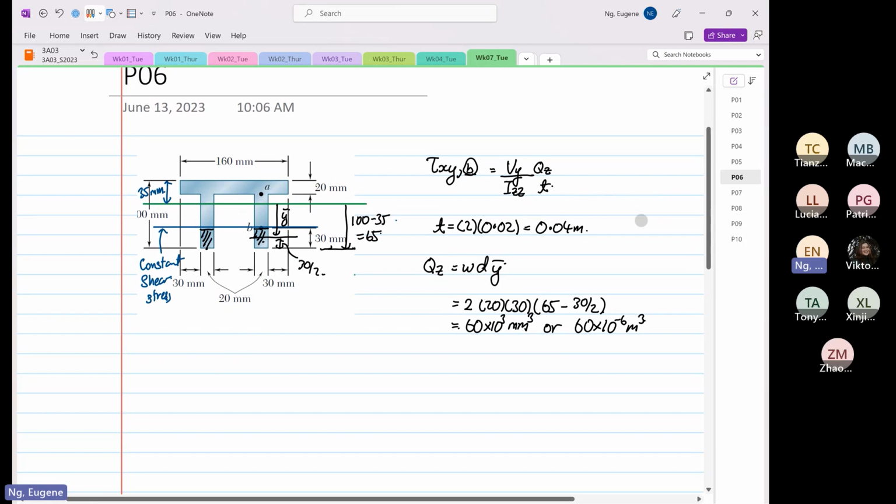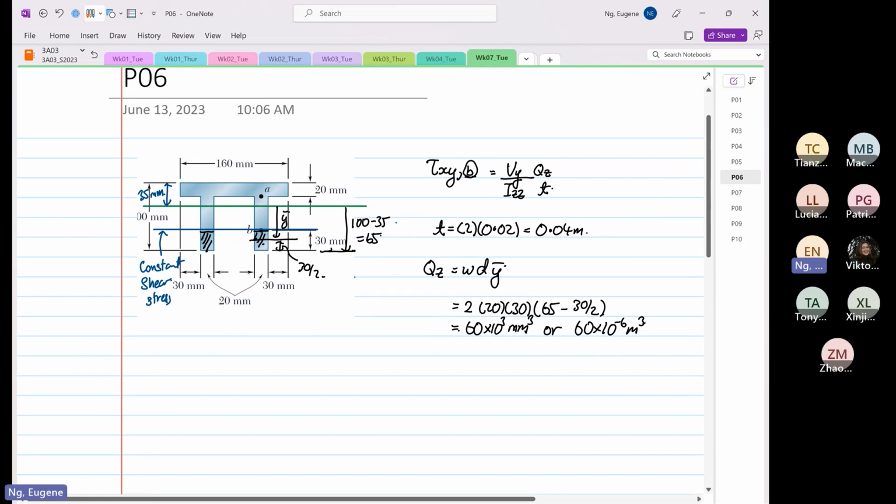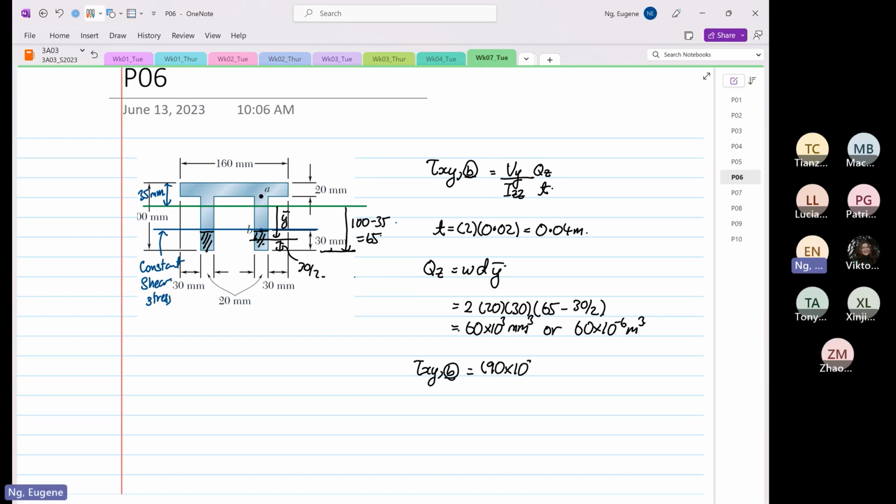From this, you can determine the shear XY at point B, which will be equal to 90 times 10 to the power 3 divided by 5.8133 times 10 to the power minus 6.